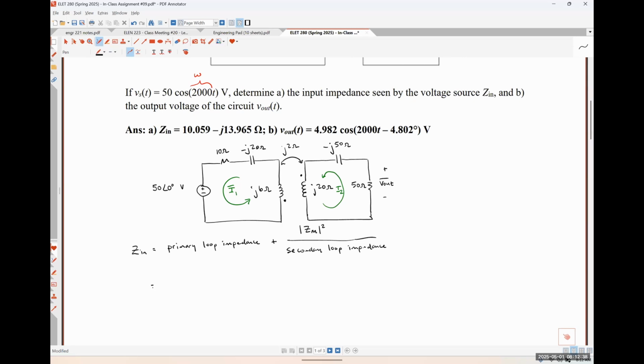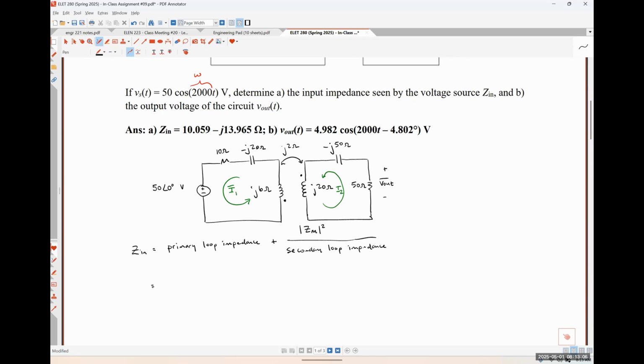So for this particular circuit, what is our primary loop impedance? What impedance do we see as we follow that mesh current I1 around? So how do those two combine together?